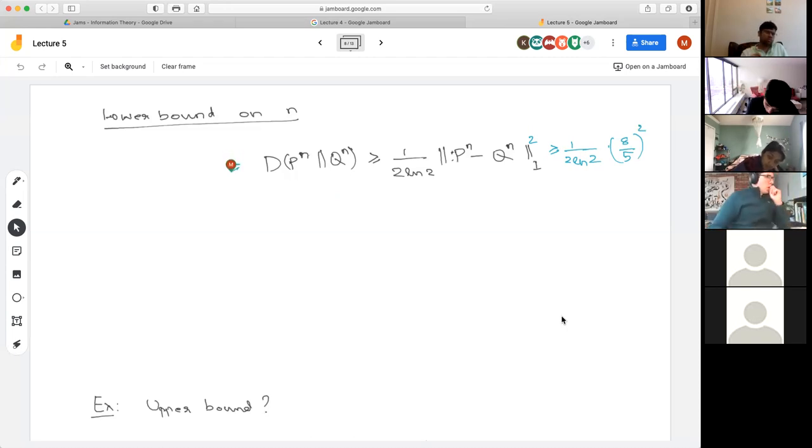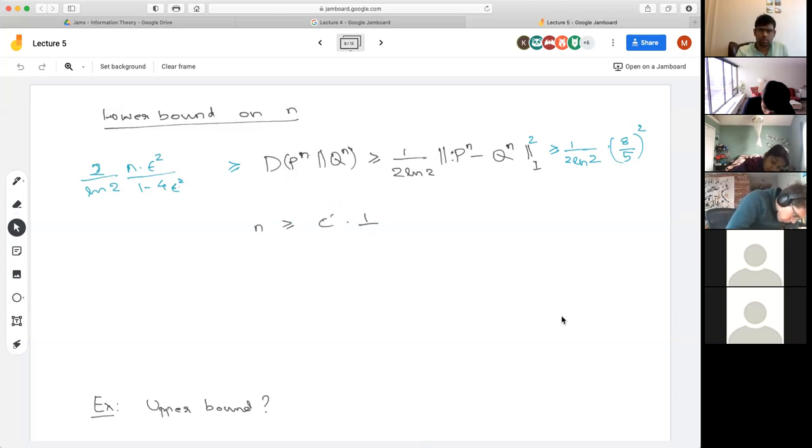And then here we got that the KL divergence is at most n times epsilon square. Let me write down the exact numbers. Okay, and so yeah, you can do the calculation with it, but you'll get that n must be larger than some other constant c prime times 1 over epsilon square.